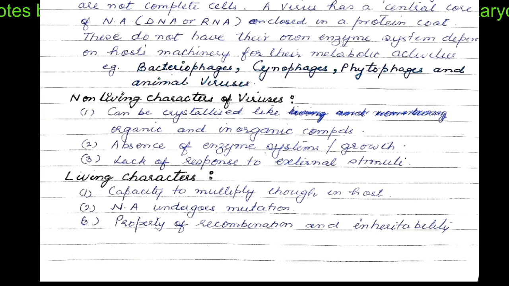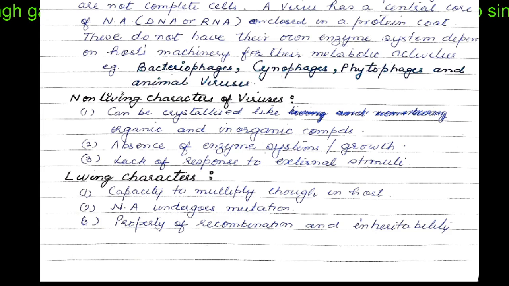However, they have certain living characters: whenever they come in contact with the host machinery, they tend to multiply, and their nuclear material or genome tends to undergo mutation, which shows that they are living.